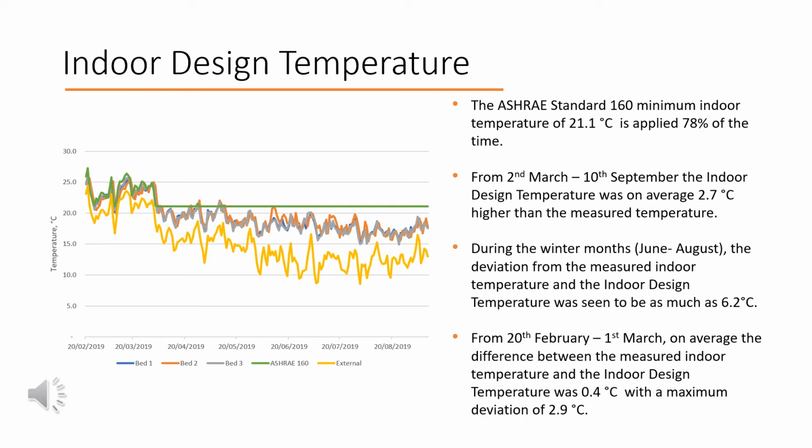From the 20th of February to the 1st of March, the average outdoor temperature is between 18.3 and 21.1, and therefore the formula adds 2.8 degrees, and it results in an average difference between the measured data and the indoor design temperature of just 0.4 degrees with a maximum deviation of 2.9 degrees.